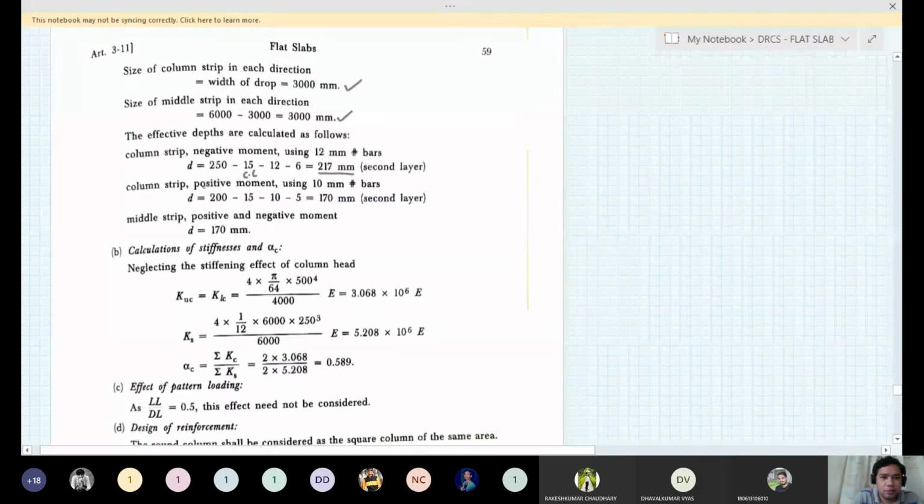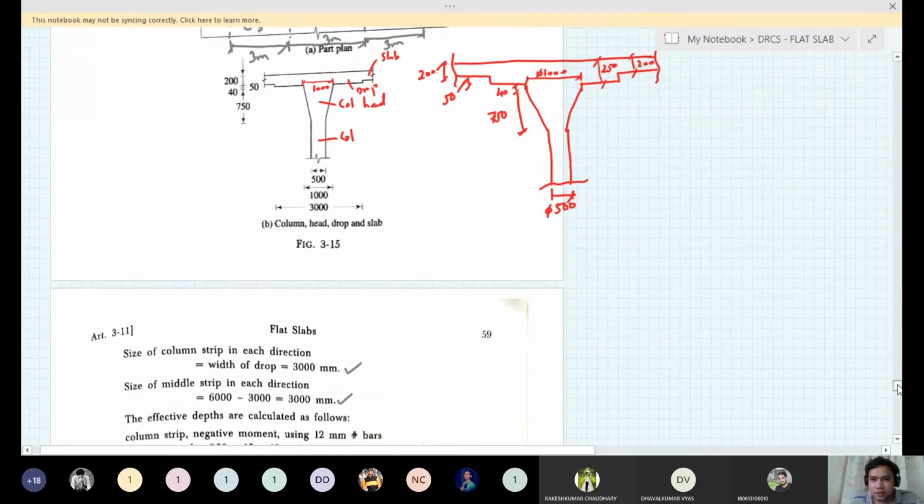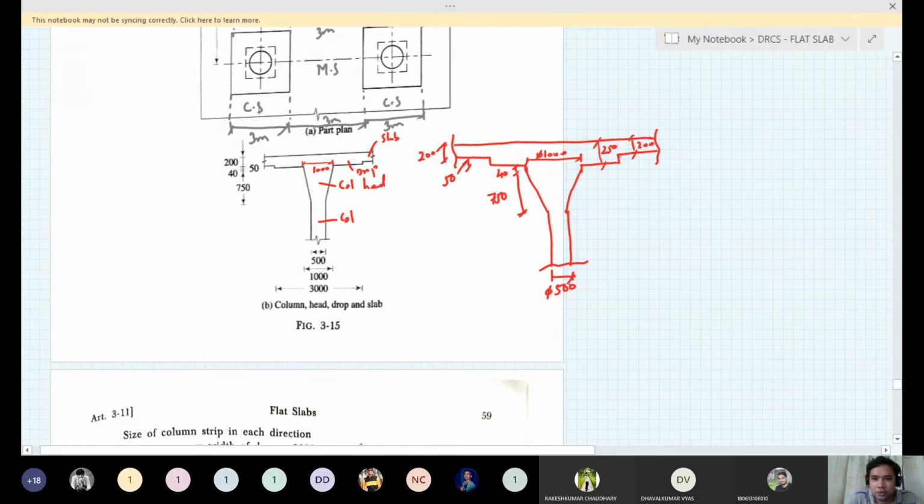For the column strip positive moment, here we take 200 mm thickness, because your slab thickness is 200 mm. Whenever you provide reinforcement, you have to extend the reinforcement in the column strip to the slab also. Since there is an offset here, that will not be possible, or else you have to terminate the reinforcement somewhere away from the offset.